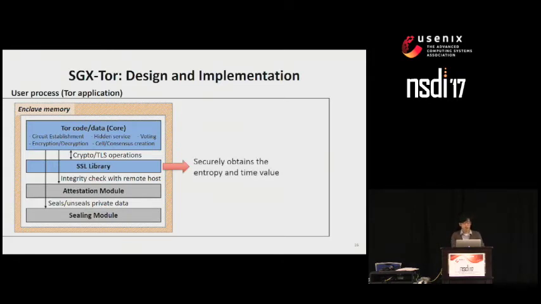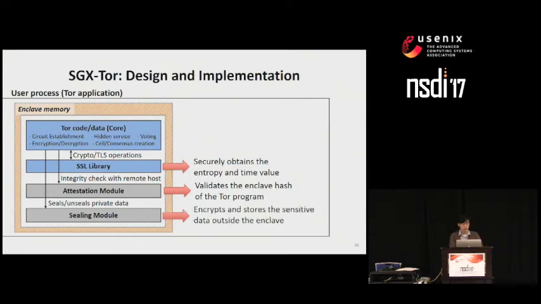We modify the SSL library to securely obtain entropy within the enclave and the time value from the platform service enclave, which is a trustworthy source provided by Intel SGX. Also, it has an attestation module to verify the integrity of the Tor program and a sealing module for temporarily storing sensitive data outside the enclave.